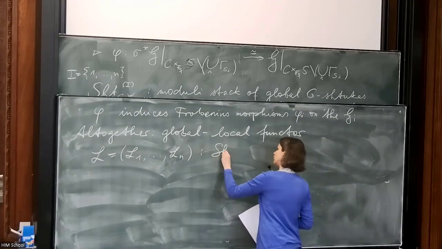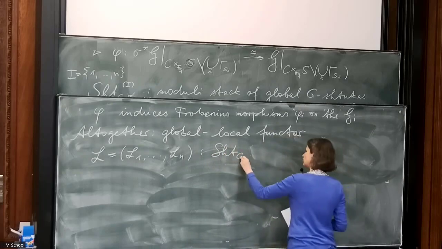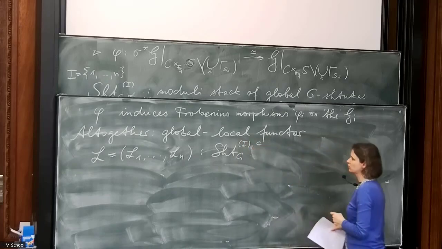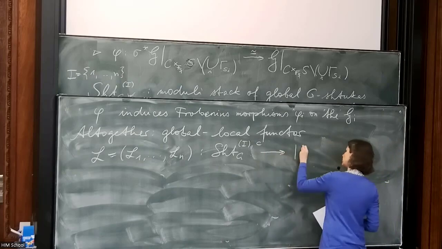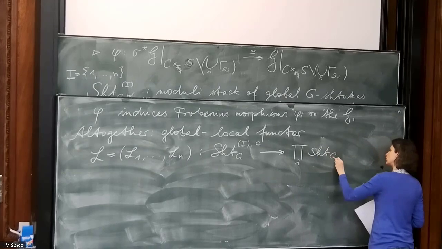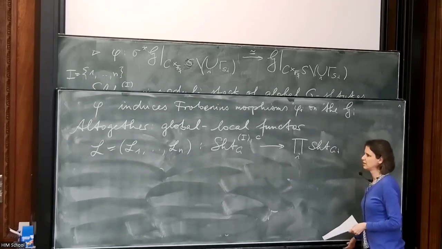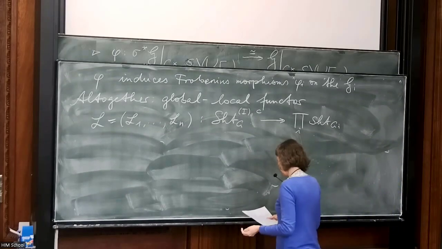This gives you a functor from, okay, which decorations do I have, G and then I, and I took the formal completion at C to the product over all i of the moduli spaces of local Shtukas. Okay.